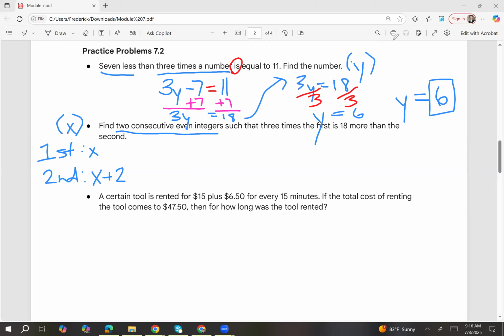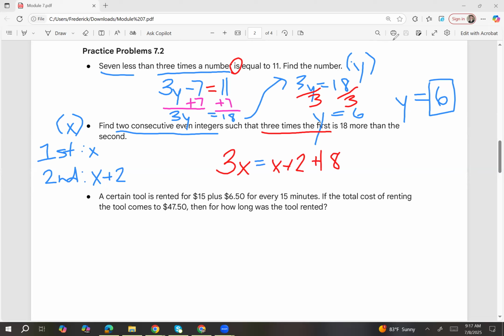All right, so what do we have going on with those two numbers? 3 times the first is 18 more than the second. So 3 times the first, let's write that down first. 3 times the first, that'd be 3, first one is X. And notice we have "is," so that's a good place for equal. 18 more than the second. 18 more, that's addition of 18 to the second, which is X plus 2.